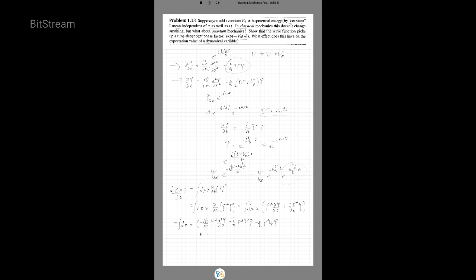I'm going to do it down here. Now we have d complex conjugate of psi, which is going to give me negative signs, d squared complex conjugate d psi squared, and then times psi, and then this one would be a plus.